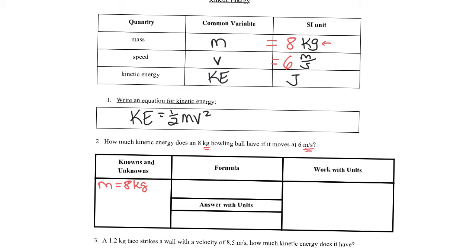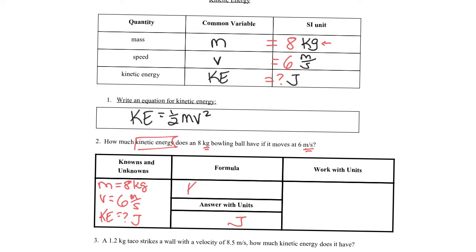I'm going to write equals, and then what do I have to my left? I've got a v. So now I know that v is 6 meters per second, and I'm looking for kinetic energy. And so I can write kinetic energy is some number of joules. I can just write that joules right there so that I don't forget to give it in my answer.